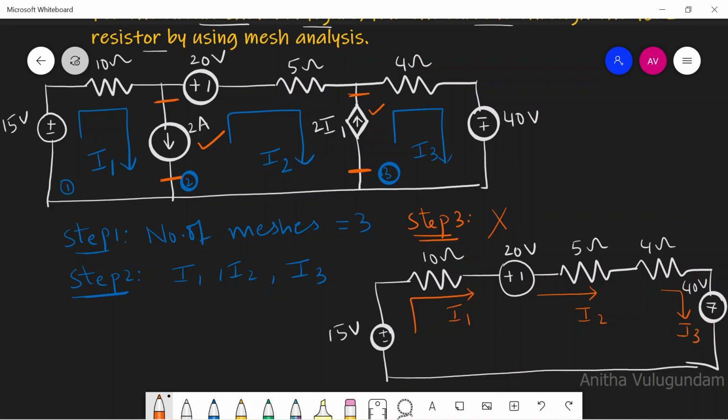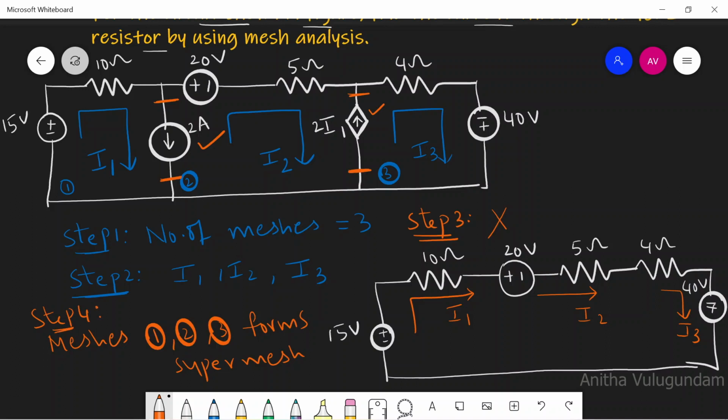After removing the current sources, this is how the circuit will look. Meshes 1, 2 and 3 form the super mesh. Step 4 is to remove the current sources between the meshes and then apply KVL to the super mesh.